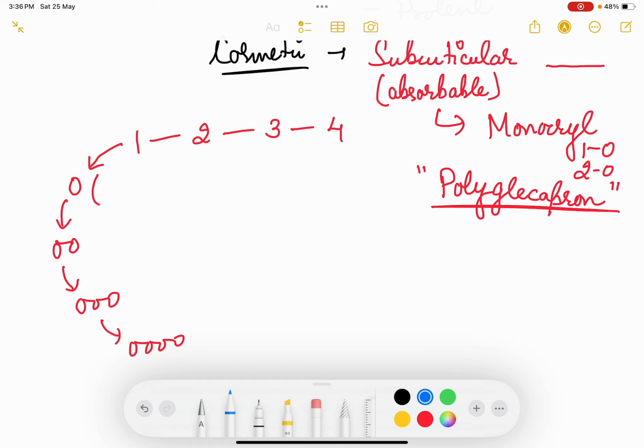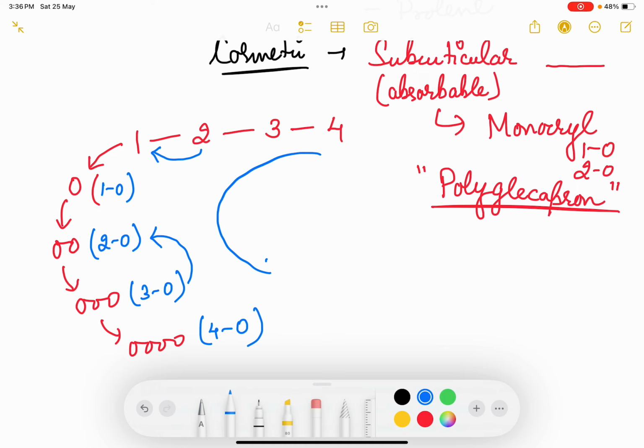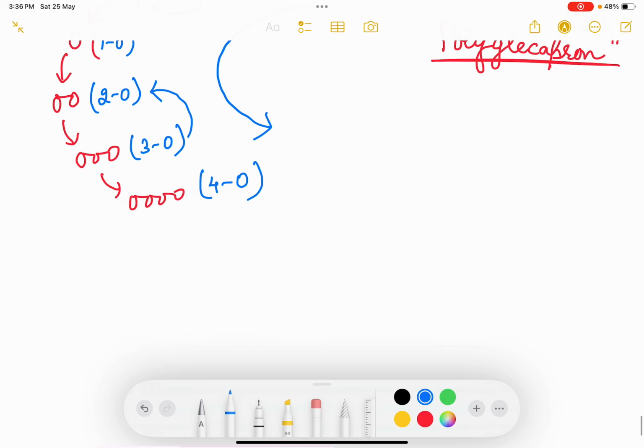Number 0 is also written as 1-0, 0-0 as 2-0, 0-0-0 as 3-0, and 0-0-0-0 as 4-0. So number 2 suture is thicker than number 1, however 3-0 is thinner than 2-0. Always remember this nomenclature.